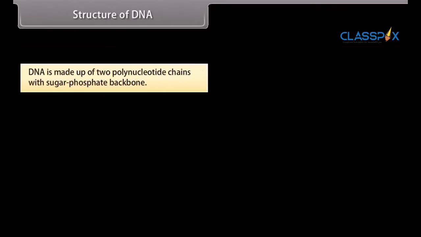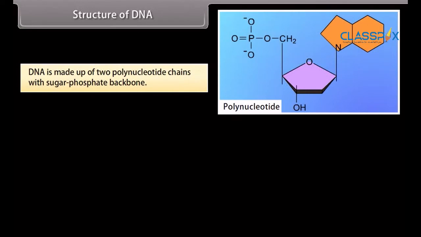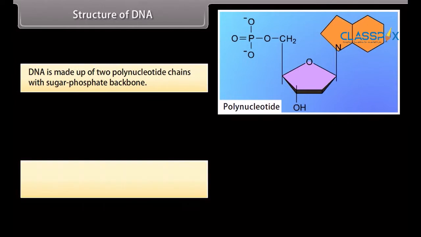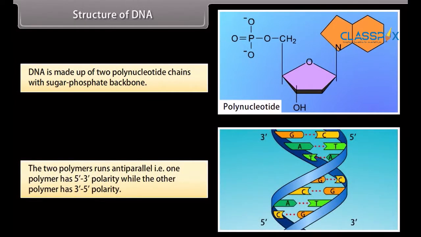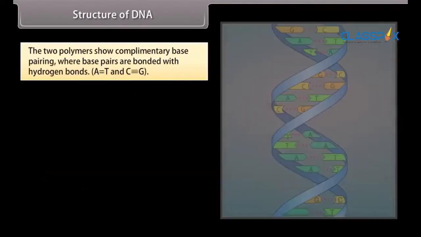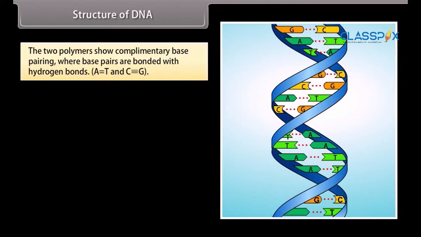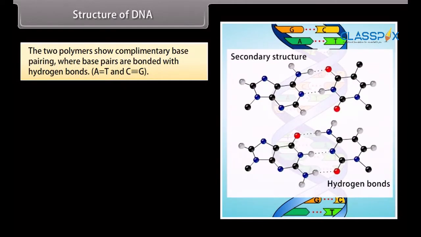Structure of DNA. DNA is made up of two polynucleotide chains with sugar phosphate backbone. The two polymers run antiparallel, that is, one polymer has 5' to 3' polarity, while the other polymer has 3' to 5' polarity. The two polymers show complementary base pairing, where base pairs are bonded with hydrogen bonds.